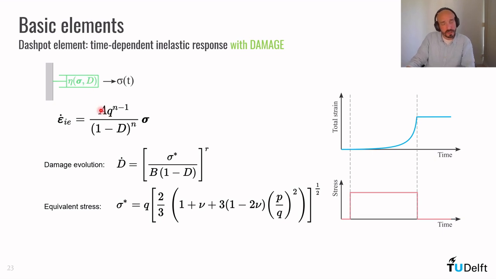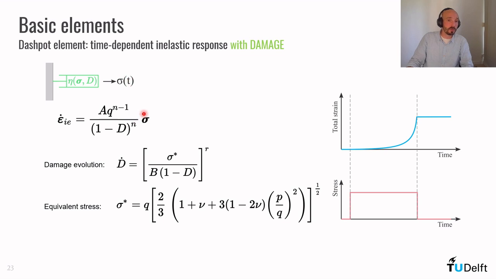Okay, A is a material parameter, N is another material parameter, Q is the von Mises stress, and D is the damage parameter that starts from 0 if the material has no damage at all. The material is undamaged, and it slowly starts to increase to 1, and when it reaches 1, this value spikes.